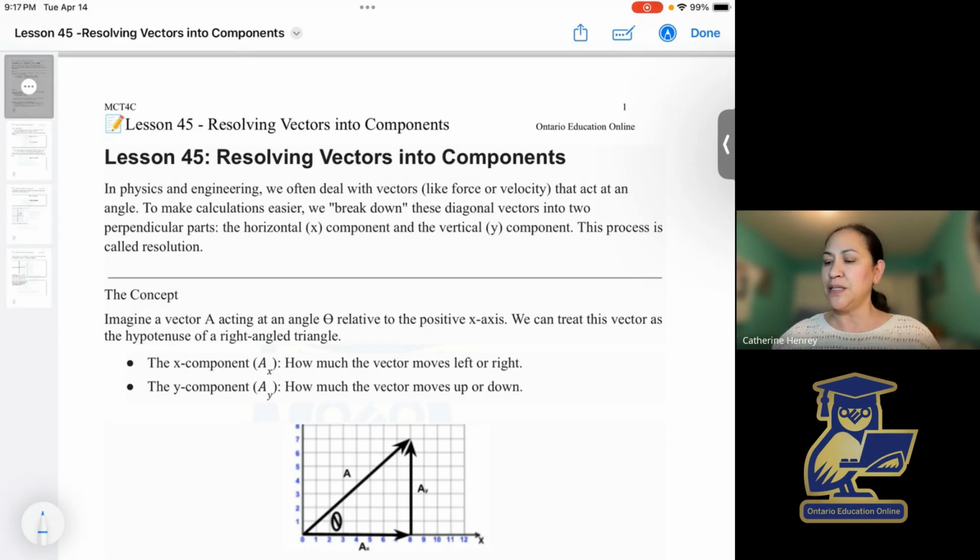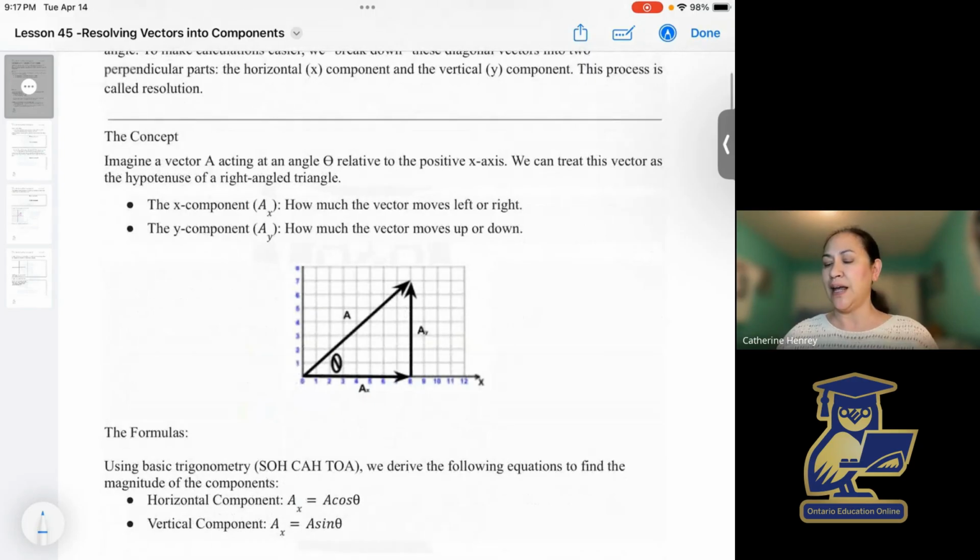So the concept is, imagine a vector acting at an angle of theta, right here, relative to the positive x-axis. We can treat this vector as the hypotenuse of a right-angled triangle. The x component, Ax, is how much the vector moves left or right.